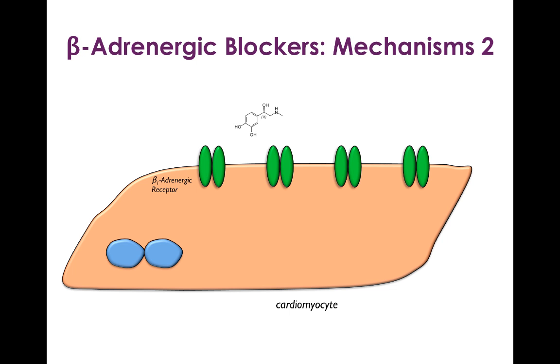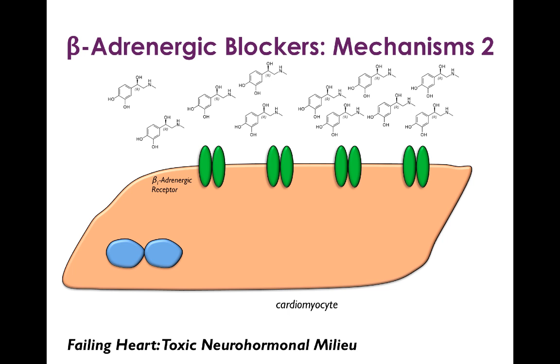So let's take a cardiomyocyte and let's put some more beta-adrenergic receptors on it. And here's the epinephrine. And let's say the patient is getting sicker and sicker with their heart failure. So they have more epinephrine because the body is trying to stimulate the heart to do more work. And so now there's a ton of epinephrine and norepinephrine and what have you.